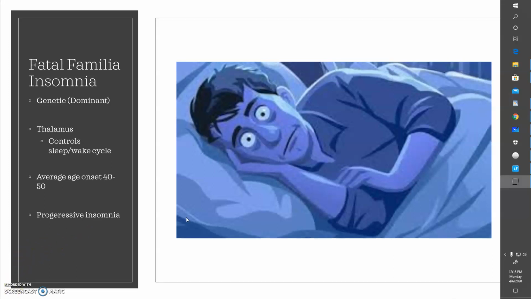All right. Yeah, just noticed I had misspelled thalamus. I was probably thinking of thymus. My goodness. All right. So that's fatal familial insomnia. The thalamus is controlling your sleep and wakefulness. So really, it prevents your deep sleep.